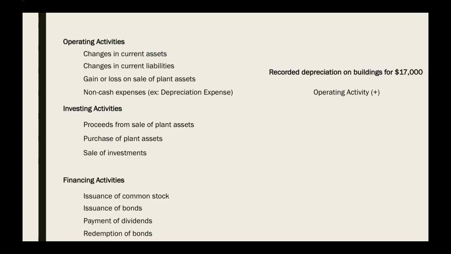Depreciation would decrease your net income, but you never actually took $17,000 out of your pocket and handed it to someone. So your cash flow didn't actually get affected. So we have to add back in that $17,000 to reconcile our net income to our cash flows.